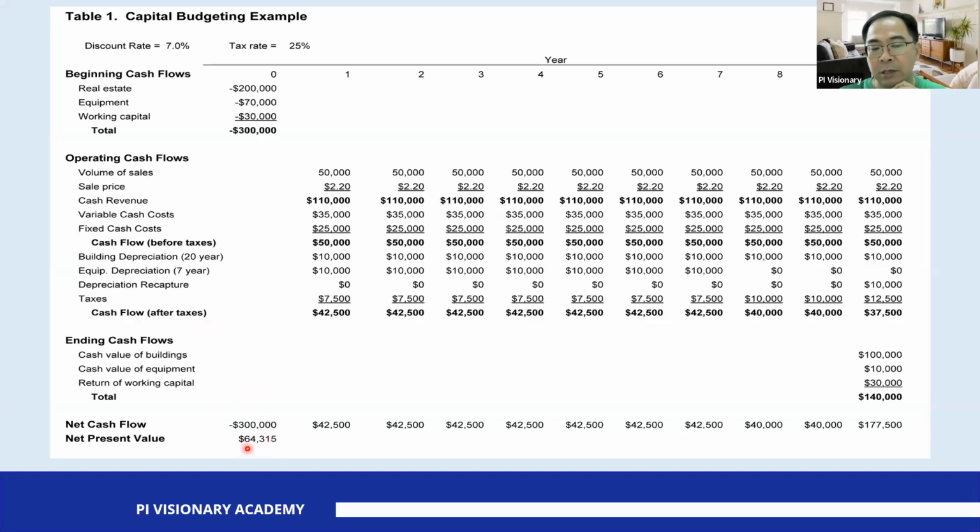Then after deducting the initial investment, applying the discount rate, you got a positive, which means it is a good investment financially.